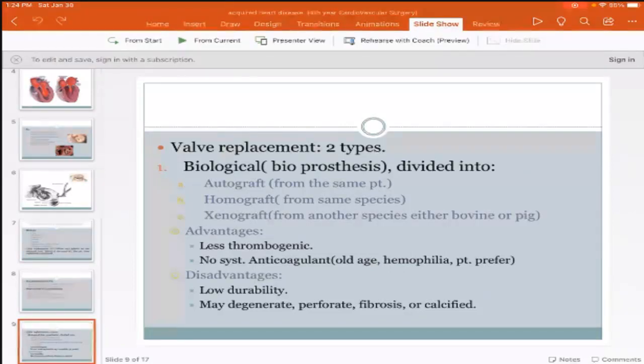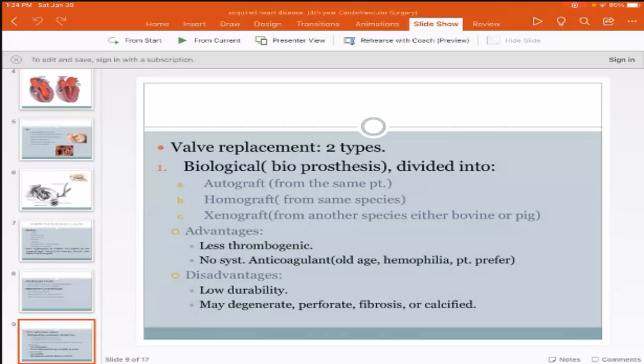Now, what is the advantage of the biological over the mechanical one? First of all, it is less thrombogenic, meaning no need for lifelong anticoagulant. No systemic anticoagulant is needed. We keep the patient on anticoagulant for 3 to 6 months postoperatively, and after that there is no need.